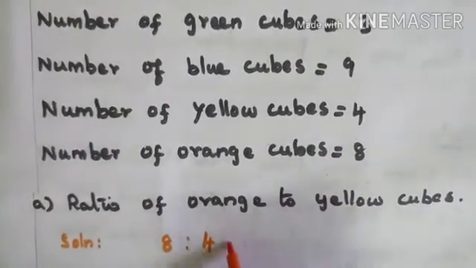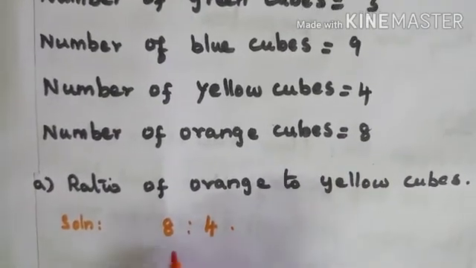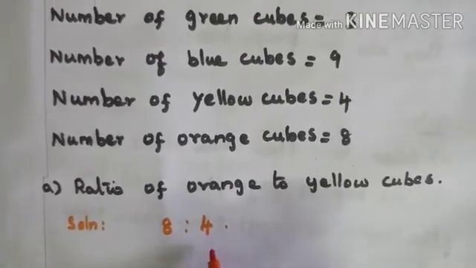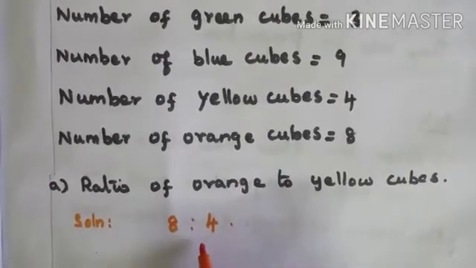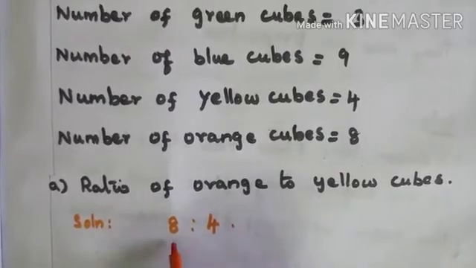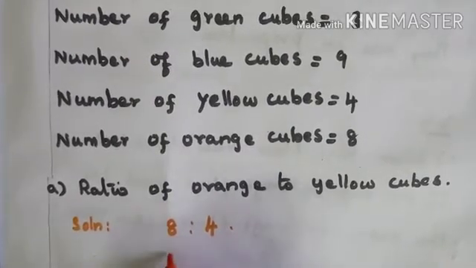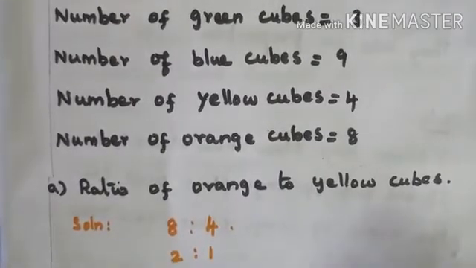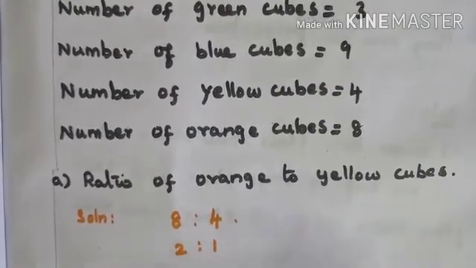So 8 is to 4. Now you see both the numbers are even numbers and it will be going in 2 table. Also we can strike it in 4 table, isn't it? Now we are going to strike it in 4 table. See, 2 4s are 8 and 1 4 is 4. Okay? So the answer is 2 is to 1.